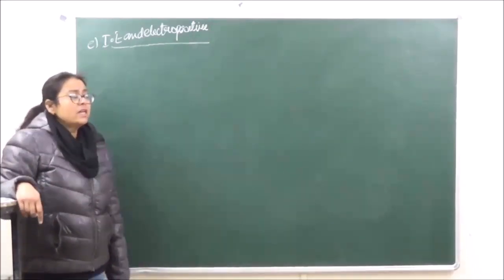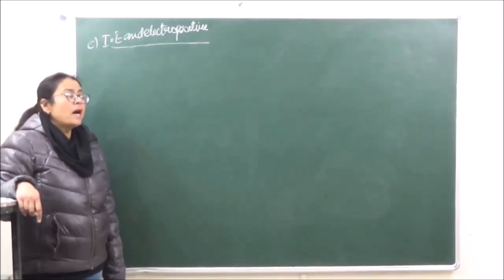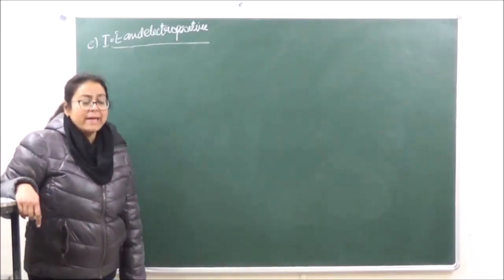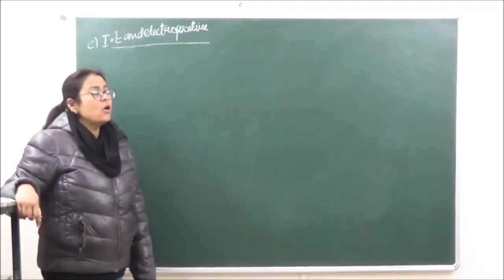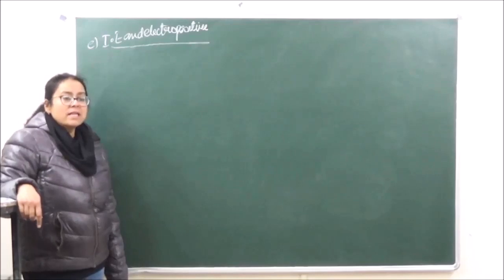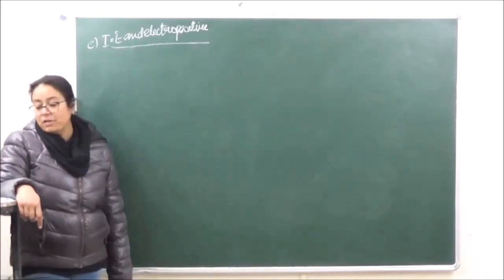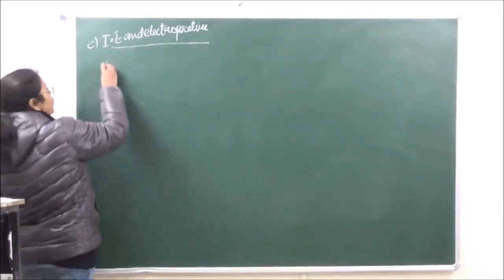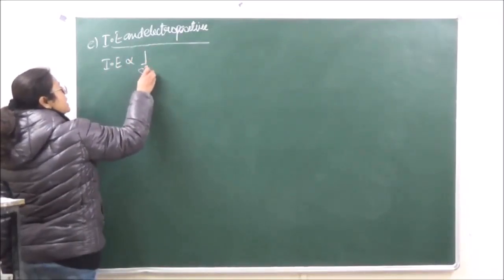Now basically, what is ionization energy? It is the energy required to remove an electron from the outermost shell of an isolated gaseous atom. As energy is required, the value of ionization energy is always positive. This we studied in our chapter 3, periodicity. Ionization energy is inversely proportional to size.